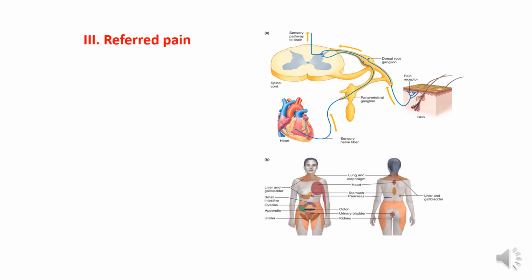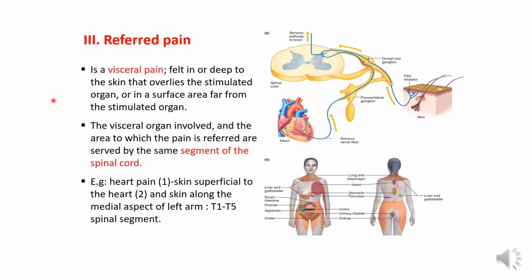Referred pain is a characteristic of visceral pain. Visceral pain is usually felt away from its original position. We know the location of the heart is usually retrosternal with lateral projection to the left.